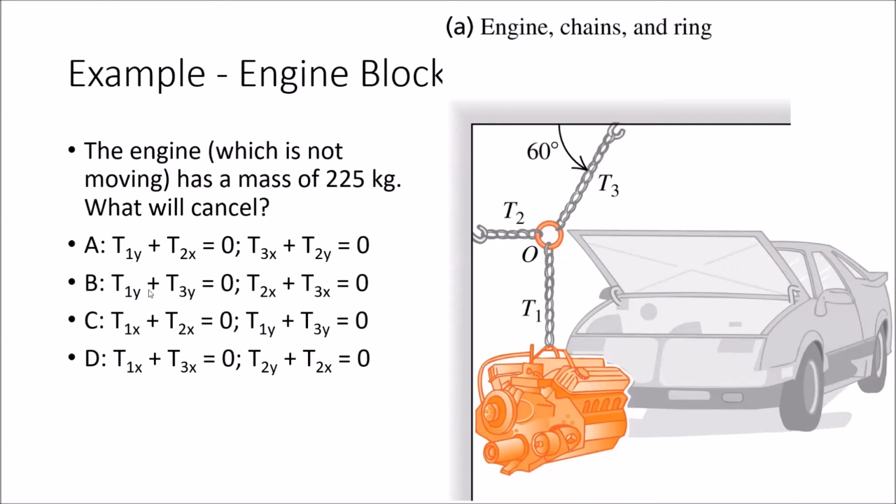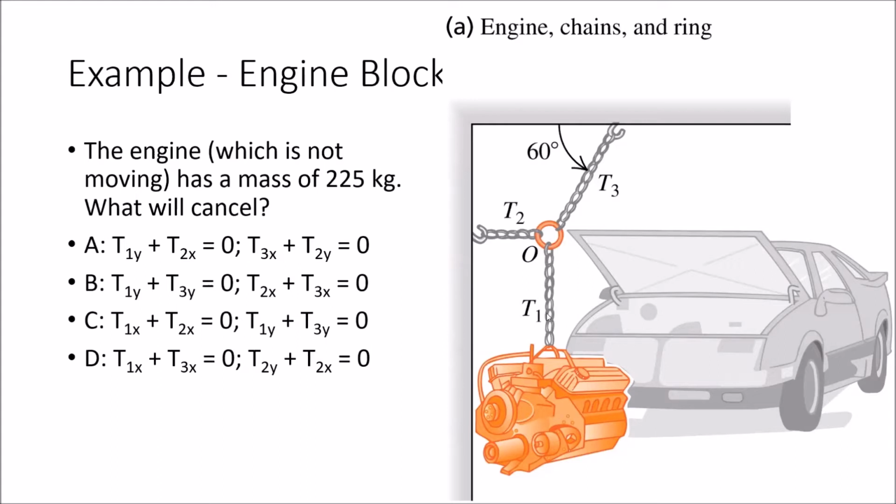This means that the y component of T1, well, T1 is just completely vertical, so all of T1 is just going to be T1y, and that's pulling on the ring down. You can see that according to this ring in the center, T1 should be pulling down.